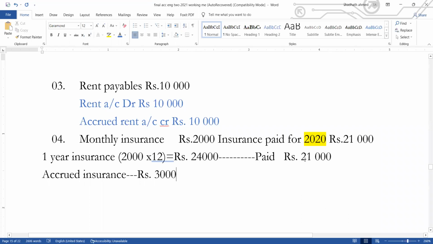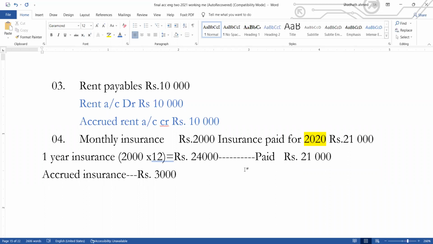That means another 3,000 we have to pay. Another 3,000 is payable. So accrued insurance 3,000 rupees. Accrued insurance payable 3,000.